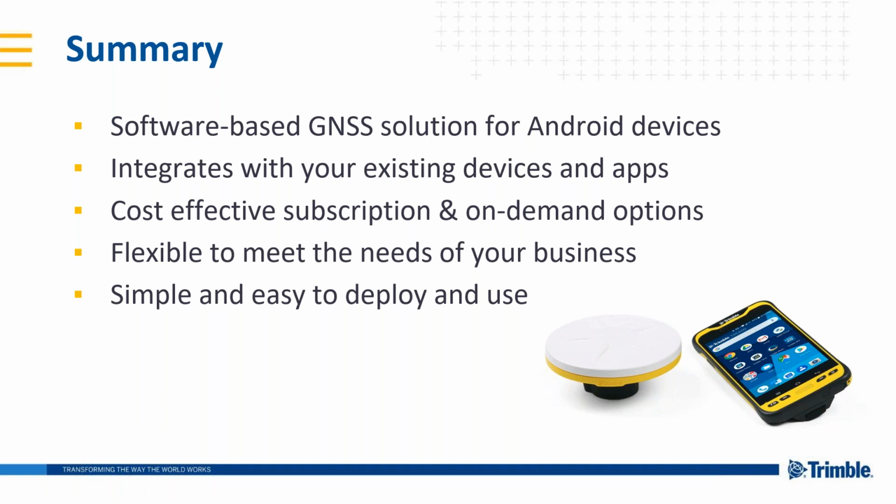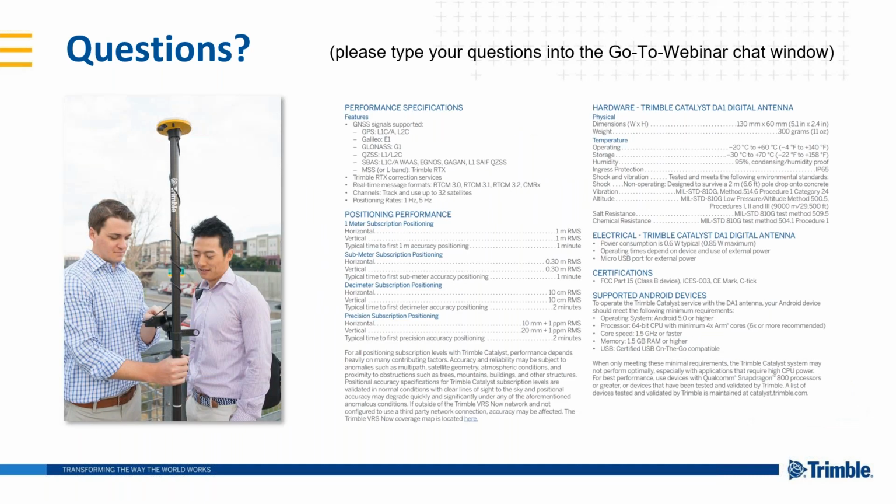It's very, very flexible in terms of the price, the accuracies, the subscriptions, all of the different business model considerations, and it's very simple and easy to deploy and use across your organizations as well. So I'm going to jump to the next slide, which shows the specifications for the system.